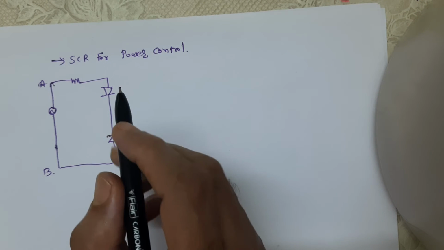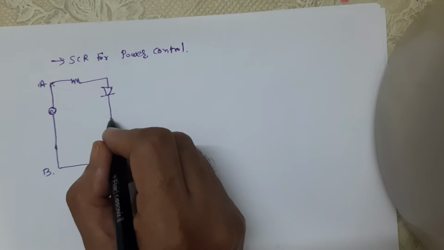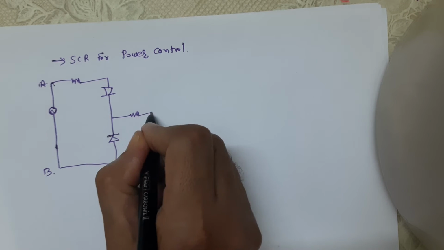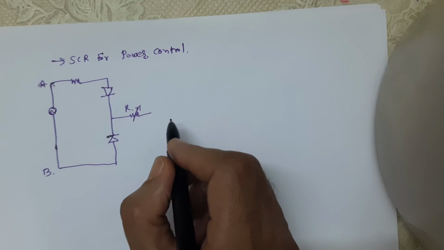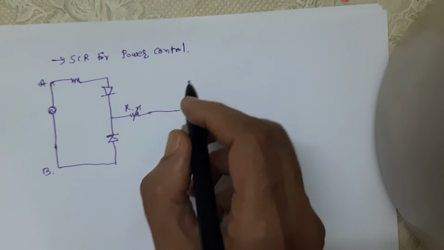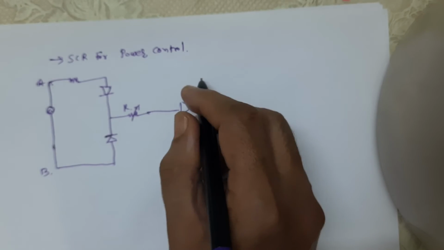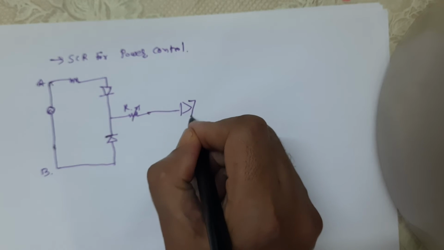Then there is, in between, a variable resistance R. It is given to the Zener diode.